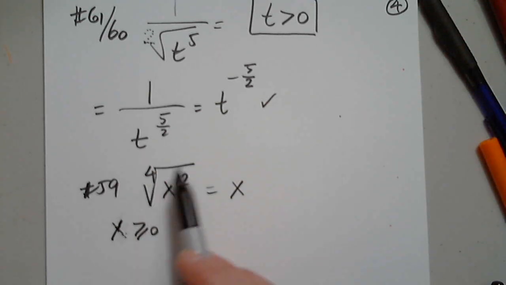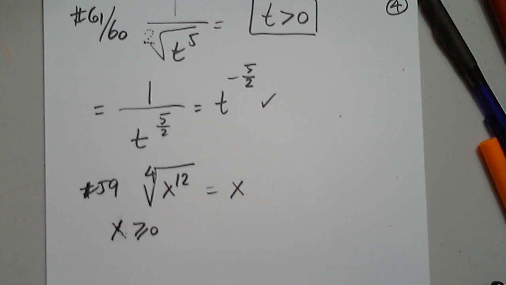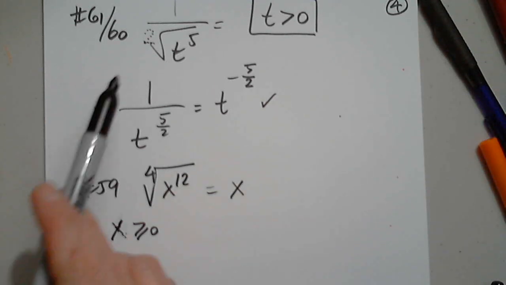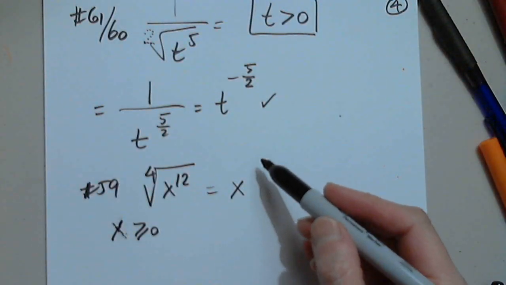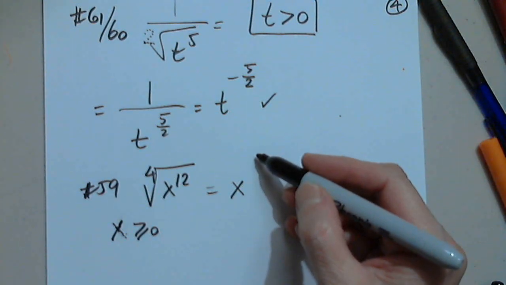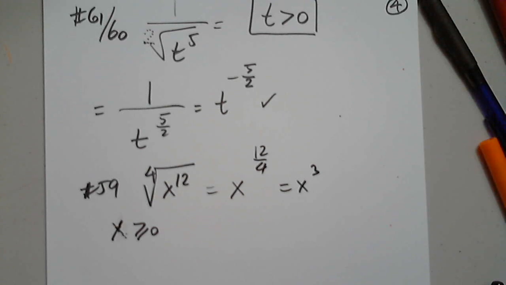So this is the 4th root of x to the 12th. It's not in the denominator. It doesn't have a negative exponent, so I cannot use those properties. Okay, so would it be x raised to 12/4? Yes, exactly. Done. Very good. Awesome.